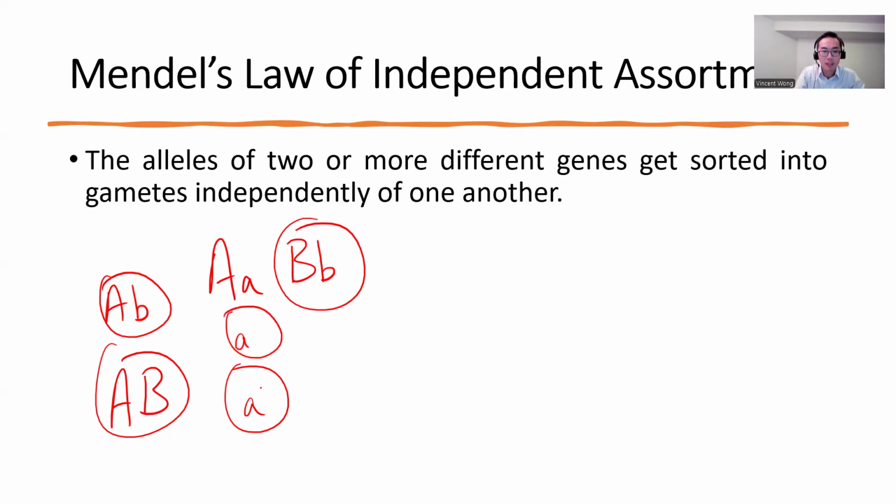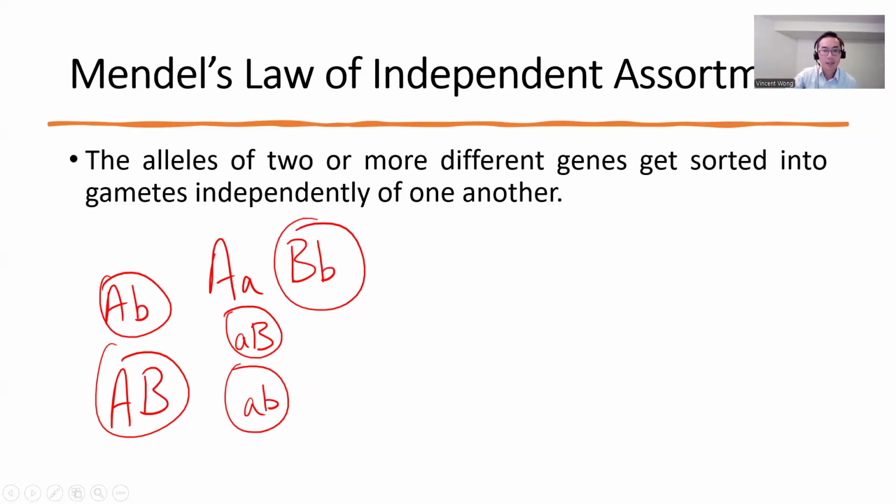Similarly, if you inherit the small a, you might have a big B or a small b. So that's what the law of independent assortment means. Each gene is sorted independently into the gametes. Just because you're big A for one doesn't necessarily mean you're going to get the big B and big C and big D, and so on and so forth.